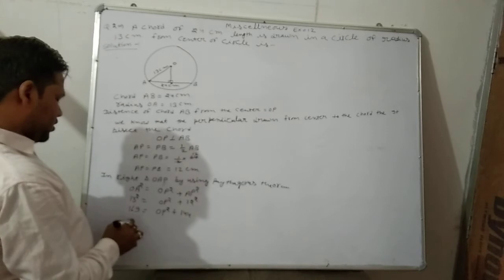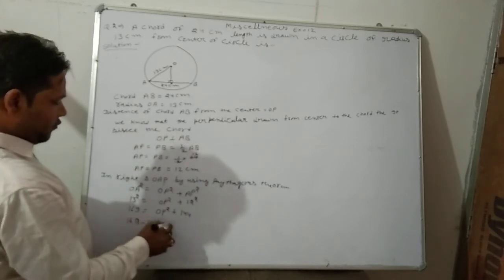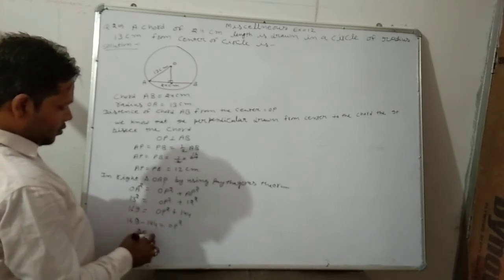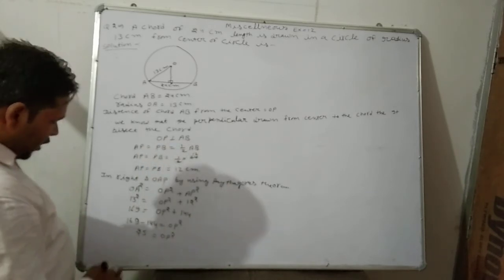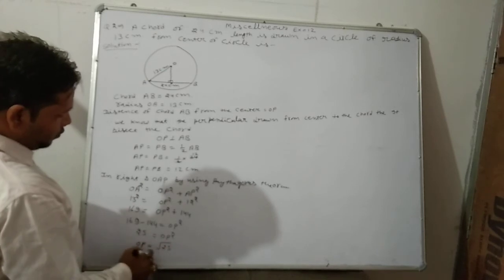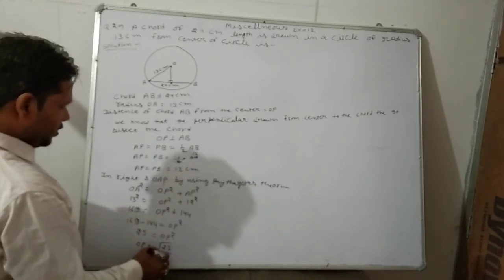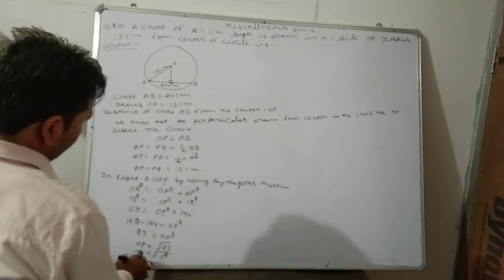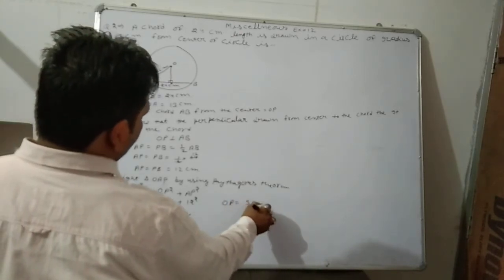By transformation, 169 minus 144 is equal to OP square. So OP square is equal to 25 and OP is equal to square root of 25, which is square root of 5 square. Hence OP is equal to 5 centimeter.